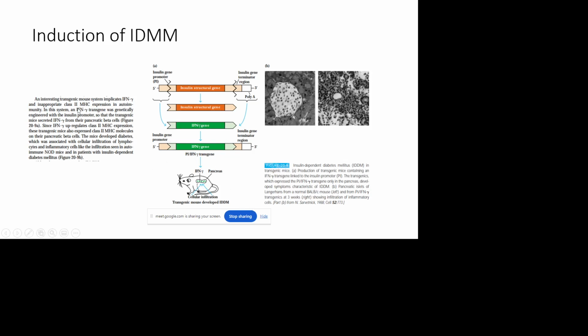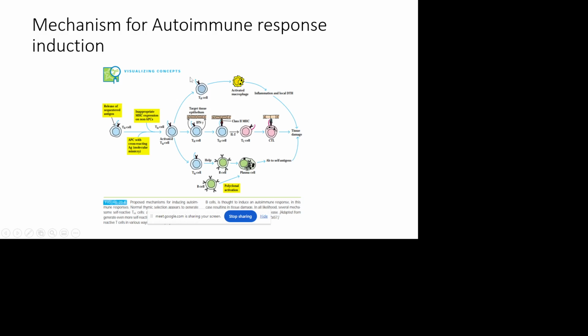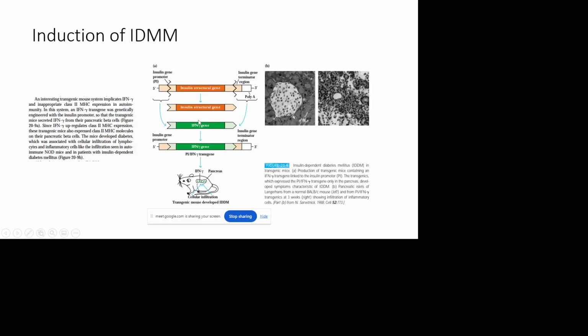Now as this IFN gamma starts being expressed in the pancreatic beta cell, it will upregulate the class 2 MHC expression, right? As we know, like the epithelial cell here is not an APC, similarly the pancreatic beta cell is not an APC, so it should not express the class 2 MHC.